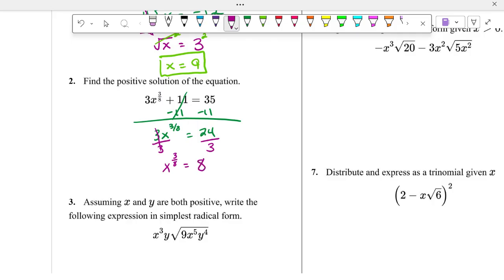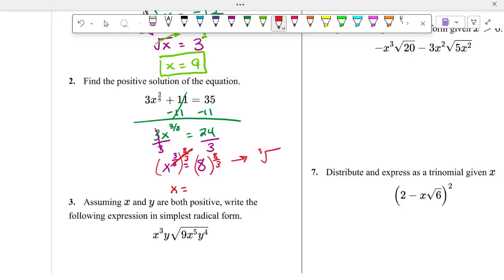Now, what did I tell you you have to do to your exponent to get rid of a fractional exponent? The reciprocal. So I'm going to raise both sides to the what power? 8 over 3. So that goes away, cancels out. So x is equal to. Now, again, you can put that in your calculator, but if you want to do it using kind of mental math, you can think about it this way.